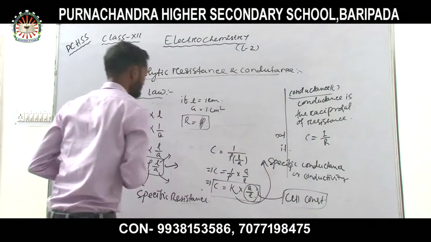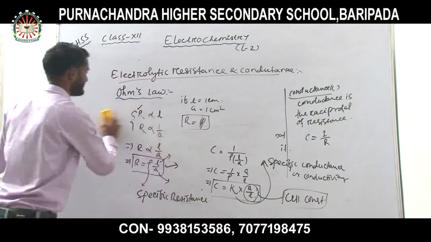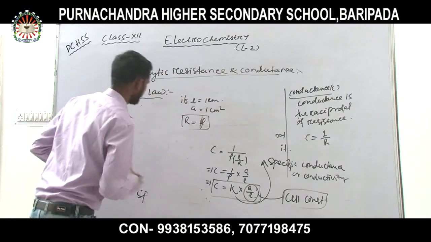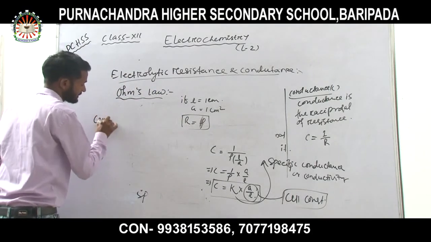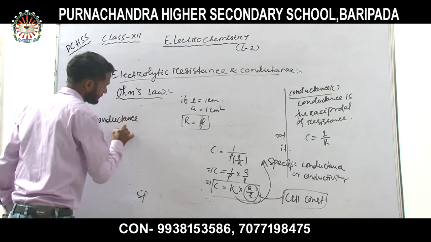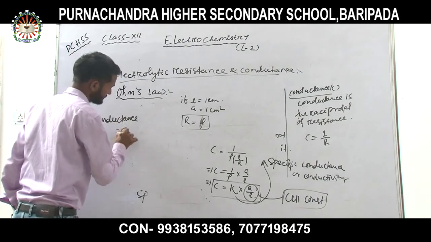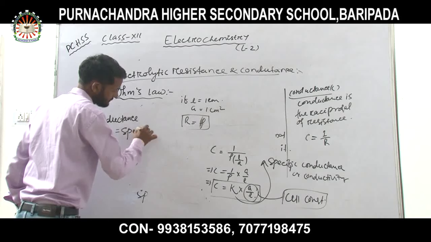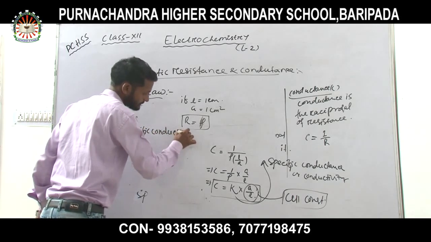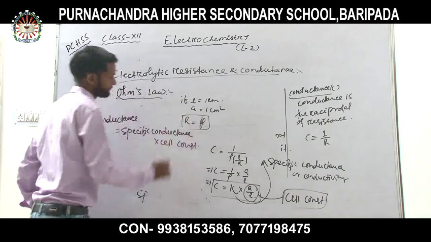So the relation between the cell constant and the conductance will be written as: the conductance is equal to the specific conductance into the cell constant.